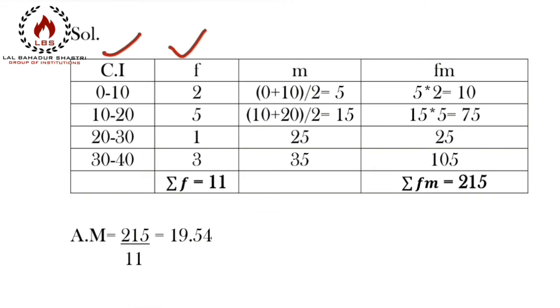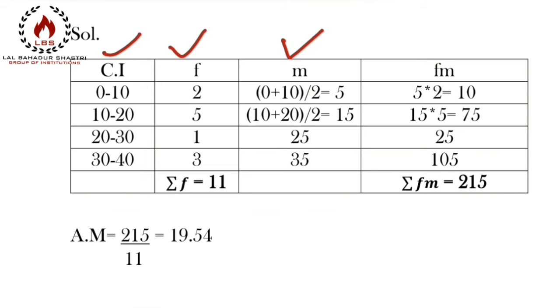Now, make it a thumb rule: whenever you get a continuous series and you have to find mean, you have to convert the class interval into mid value. क्लास इंटरवल को मिड वैल्यू में कन्वर्ट करना ही करना पड़ेगा, मिडिल वैल्यू निकालनी ही पड़ेगी हम लोगों को. So we have a new column added, that is m, middle value, mid value.